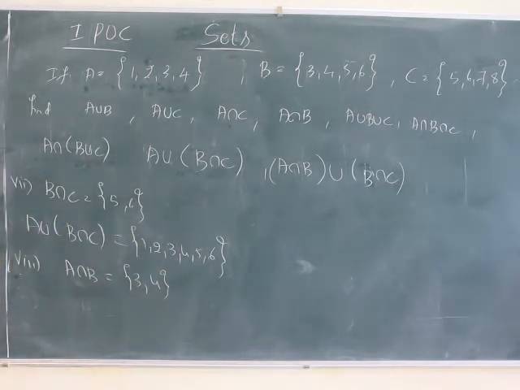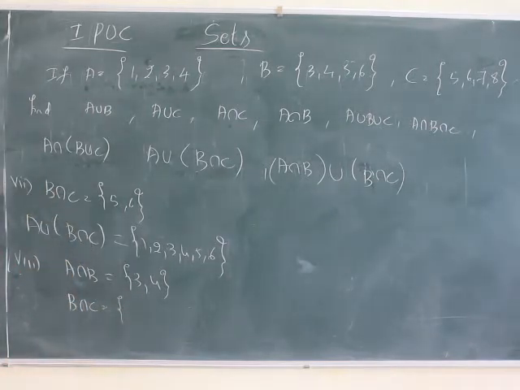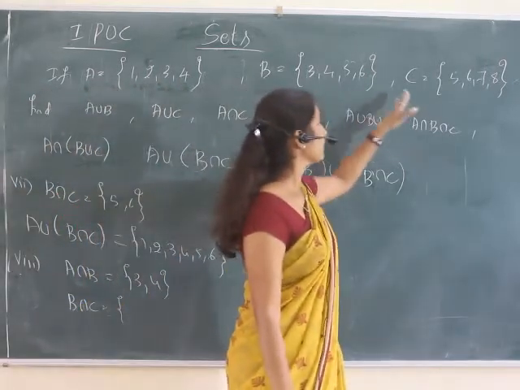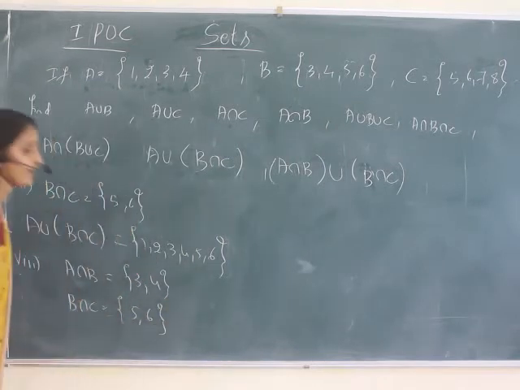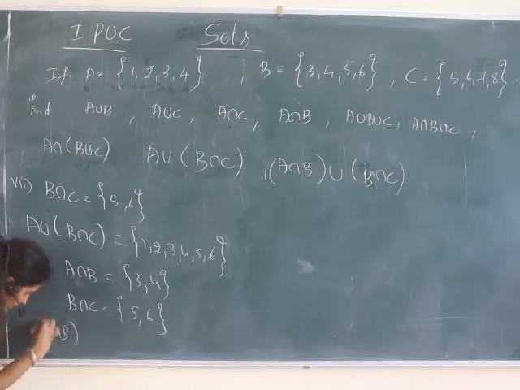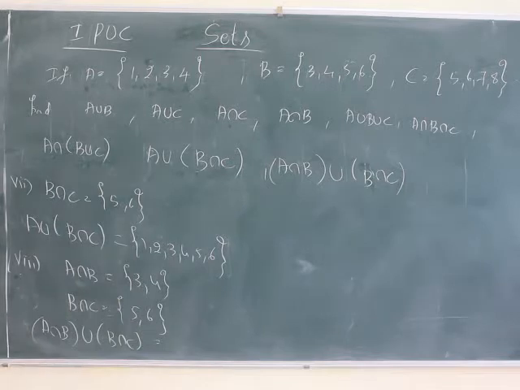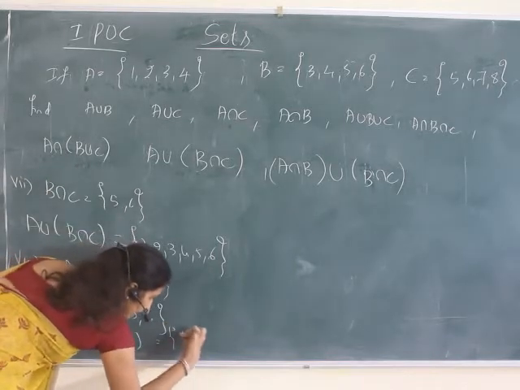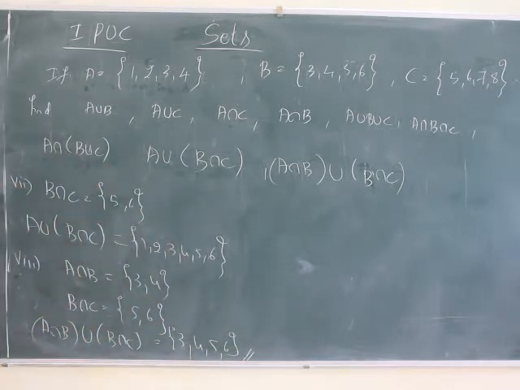Next we calculate B intersection C, the common elements between B and C, which are 5, 6. Now the union between these two, A intersection B and B intersection C, will be 3, 4, 5 and 6. So this is the answer for this question.